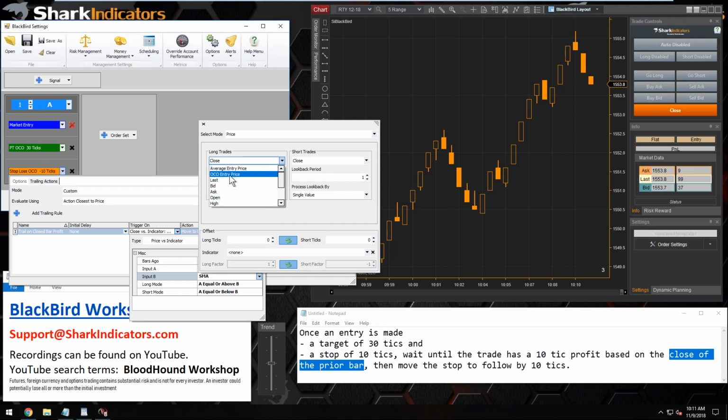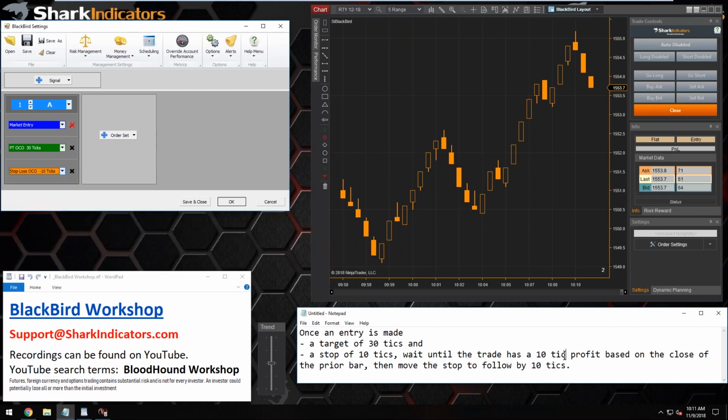There's the entry price. Also, we want to add an offset because we're looking for a 10-tick profit. Let's correct that. There we go.